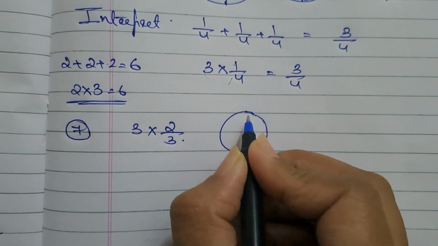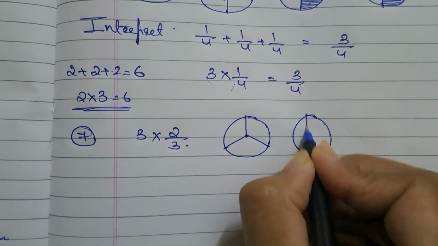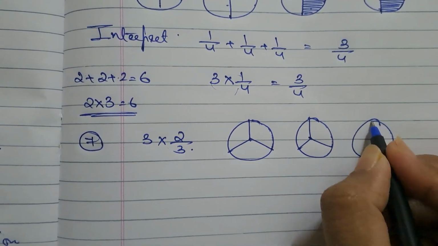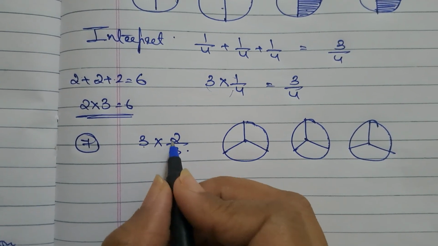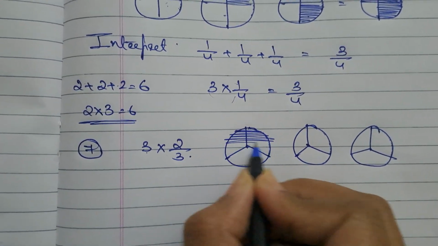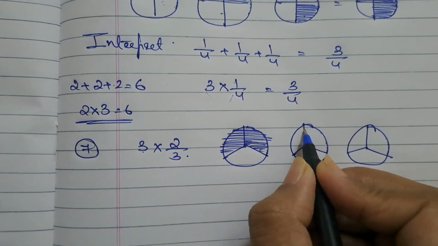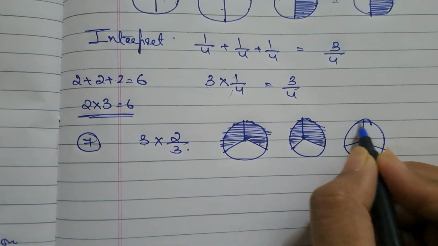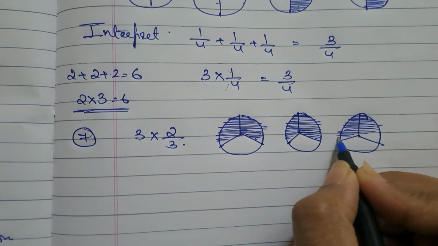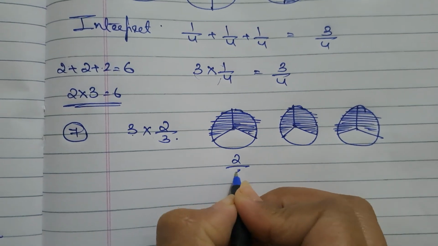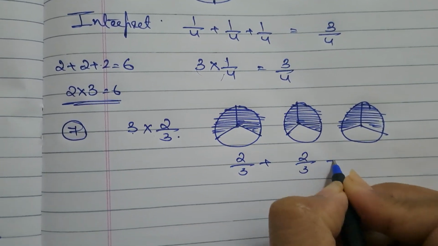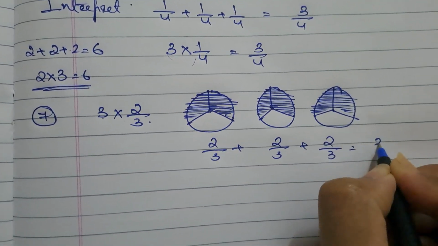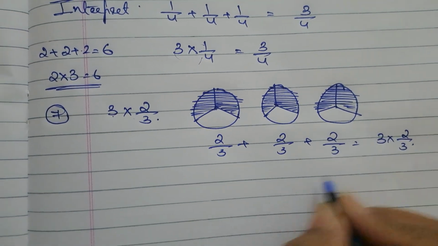So my circles are going to be like this, 3 circles, because 3 times it is there, 2 upon 3. So 2 of them need to be shaded in each of the circles, or pies, that we have. 2 parts are required to be done. So this is 2 upon 3 plus 2 upon 3 plus 2 upon 3. That will be equal to 3 times 2 upon 3. This is what I know.